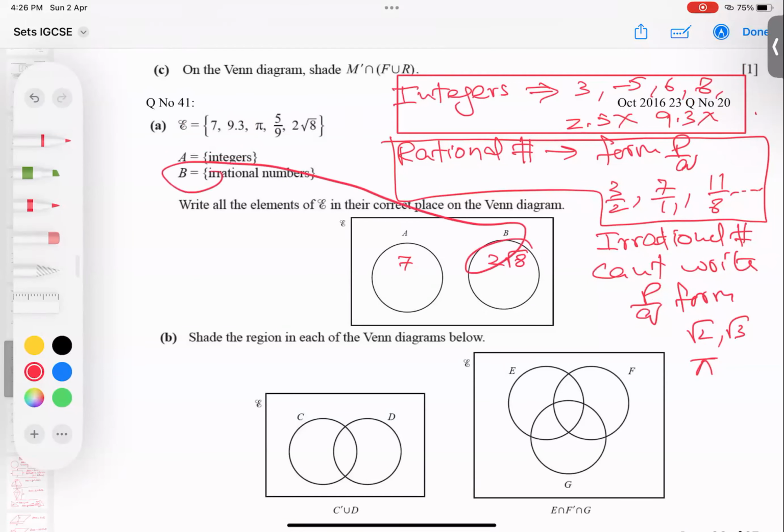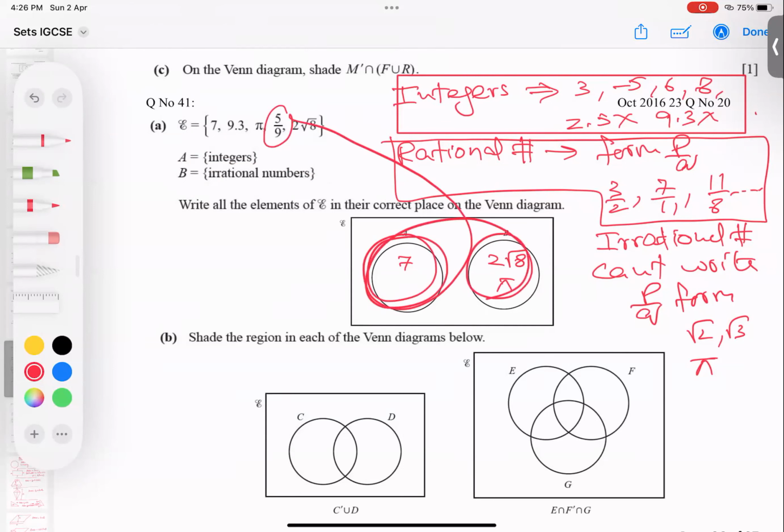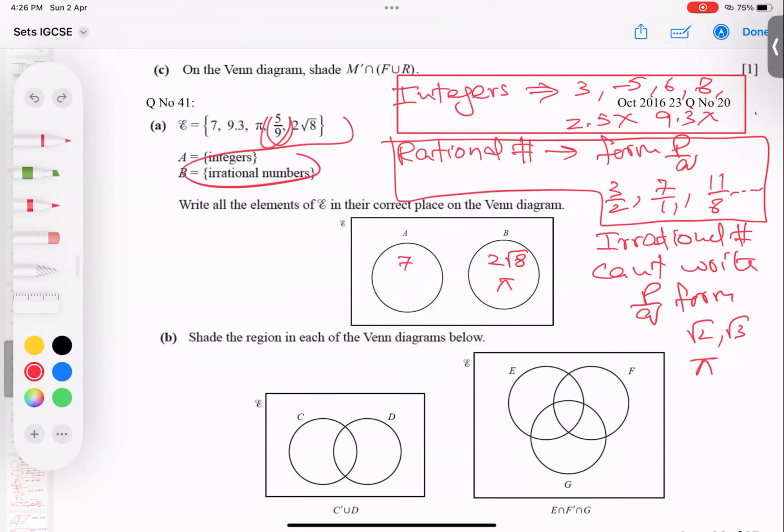Pi is an irrational number. Now you can ask, what about 5/9? It will not go in the circle of integers, nor in the circle of irrationals, because it is not an integer and not an irrational number. It is a rational number, so I must write it somewhere in the middle.